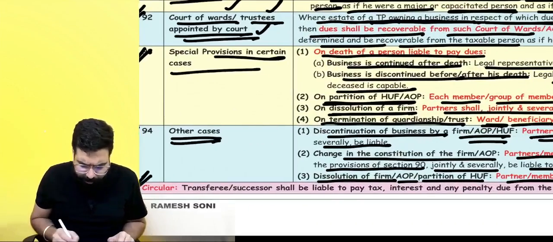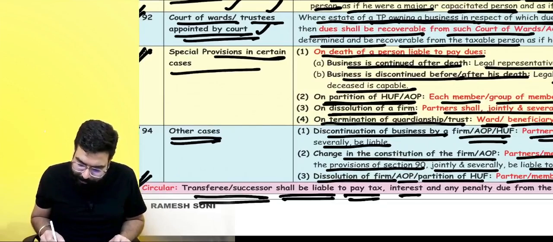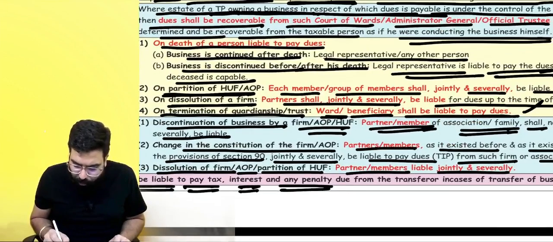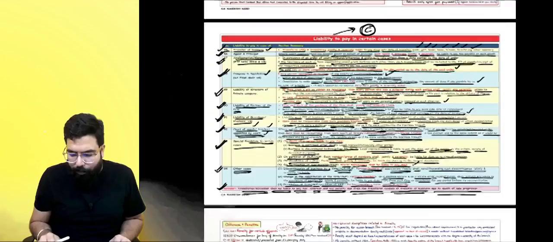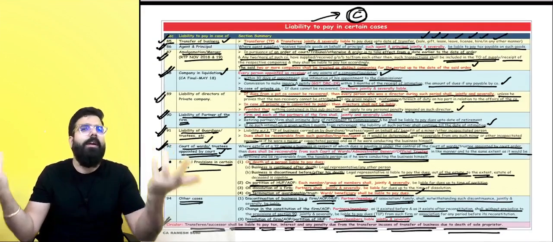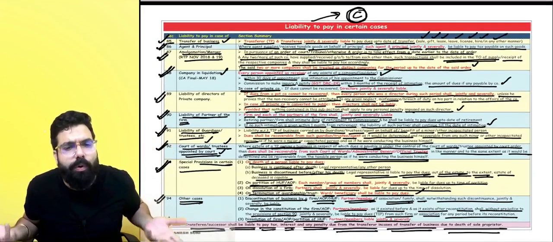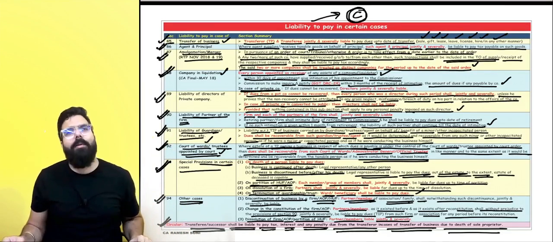Here there is a circular which says the transferee or successor shall be liable to pay tax, interest, penalty due from the transferor in case of transfer of business due to the death of the sole proprietor. One person died and now the business has been taken over by the son. Who will be liable to pay the dues? The son, who is the transferee, shall be liable to pay the dues.